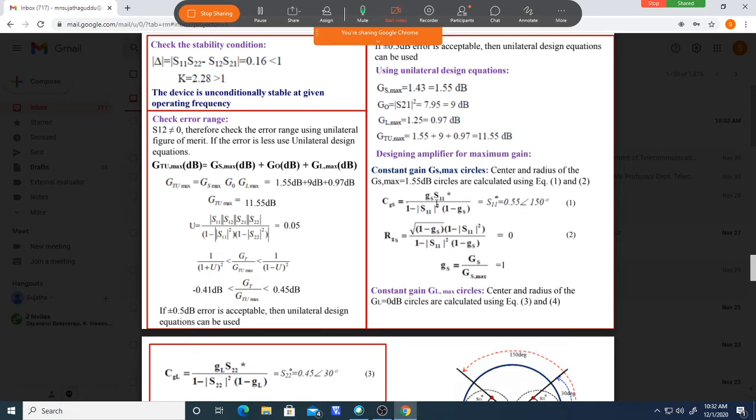If you put that here, what is the value? GS is 1 here, so this term is 0. It is 1 times S11 complex conjugate. So what is the center of the circle? The center of the circle is S11 complex conjugate.